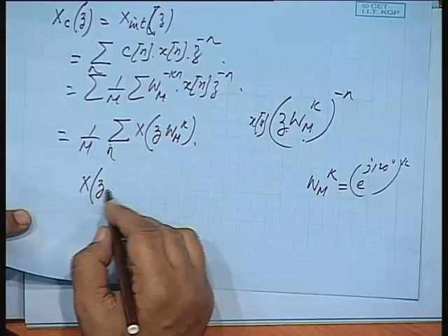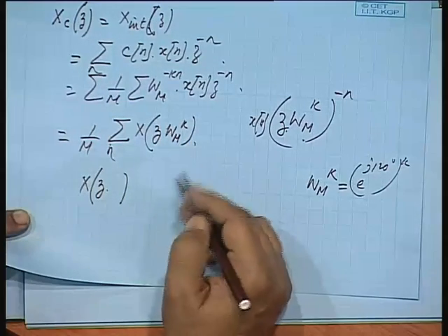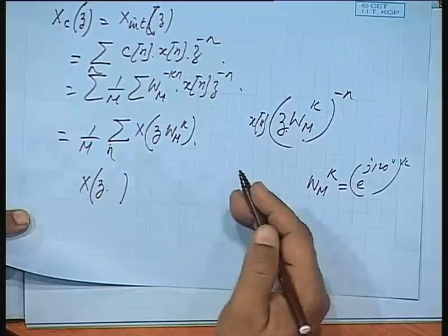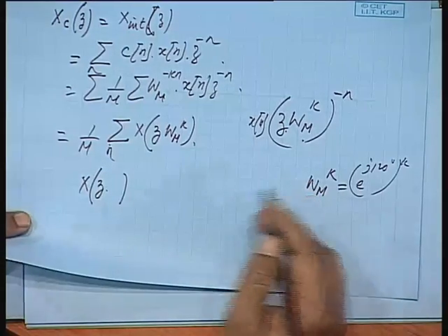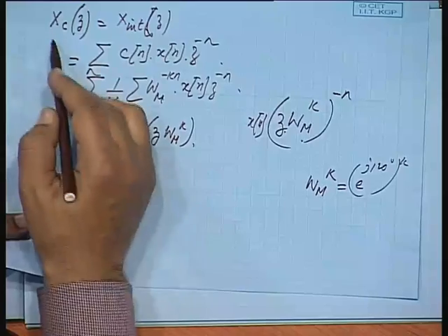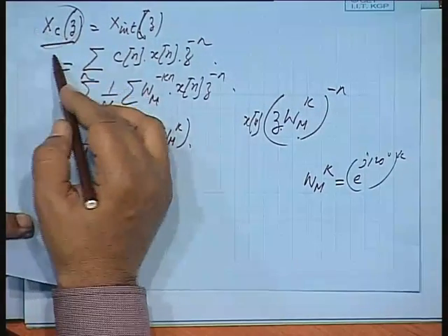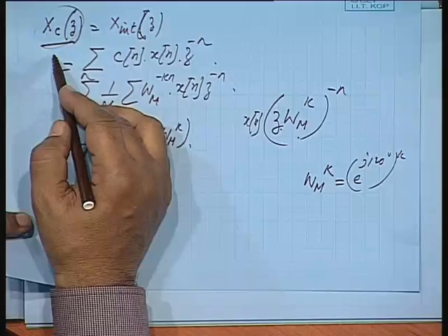So, z will be replaced by that. You take different values of k, 0, 1, 2, all right. So, 3 such terms will be added together, and of course divided by 3, that will give you X z. Is that all right?